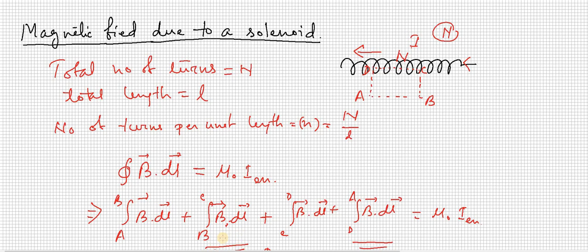We'll do the next example of application of the Ampere circuital law, and we will find the magnetic field due to a toroid. This is nothing but a circular loop arranged in this fashion.